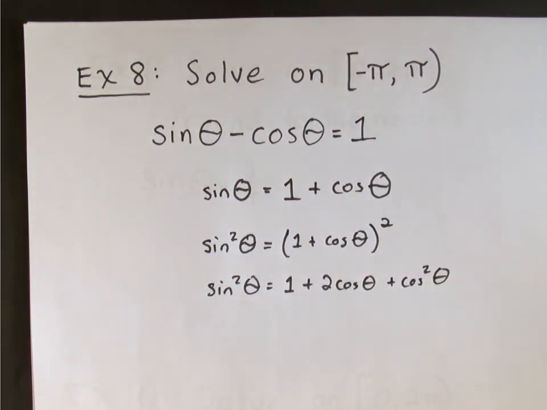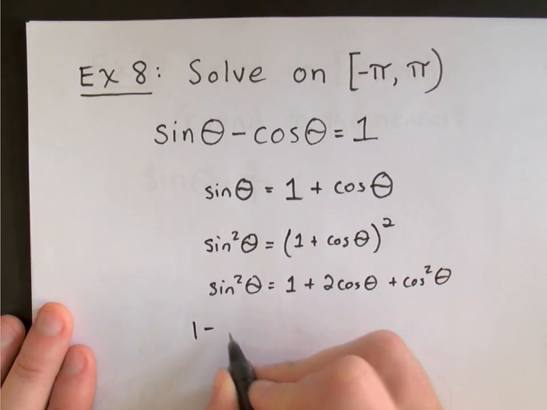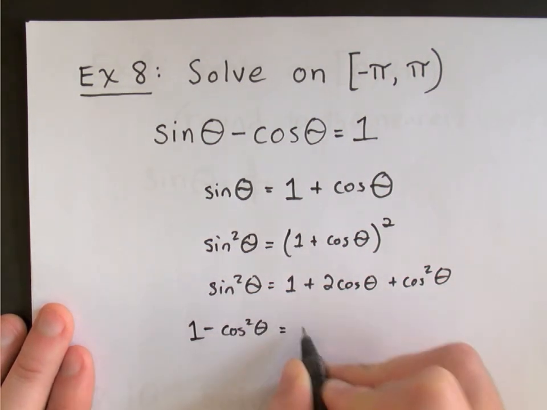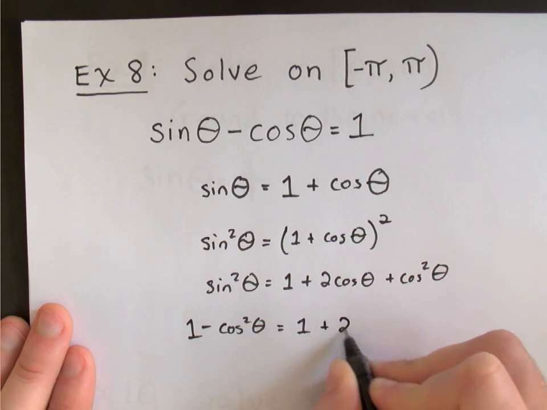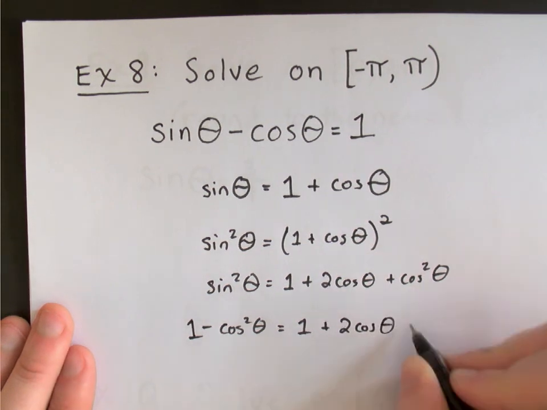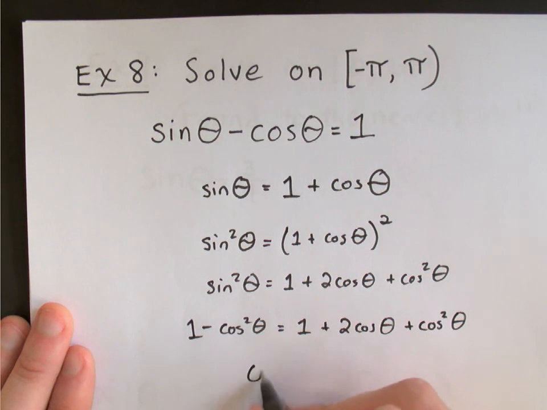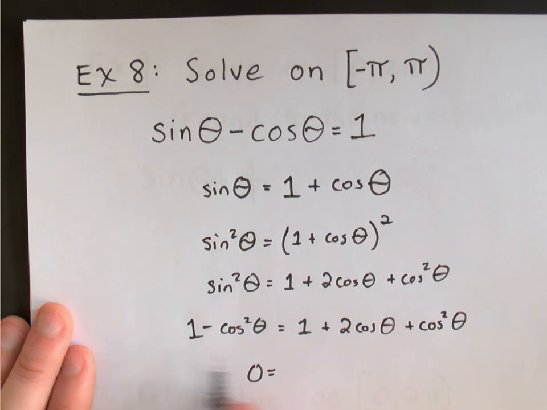Okay, and my ultimate goal is to get this down to a single trig function, so I can do that by replacing sine squared with 1 minus cosine squared. Then everything will be in terms of cosine. 1 minus cosine squared is equal to 1 plus 2 cosine theta plus cosine squared theta. Bring everything over to the right there. The 1's will cancel.